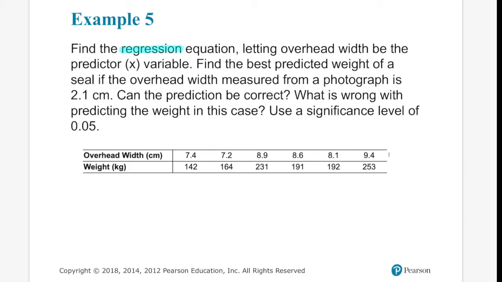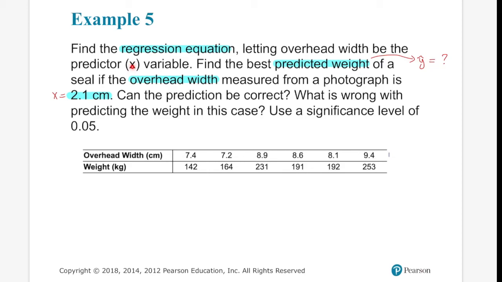Use a significance level of 0.05. So the question asked me to find the regression equation, and they want me to predict the weight when the overhead is 2.1 centimeters. And they want me to use alpha of 0.05.